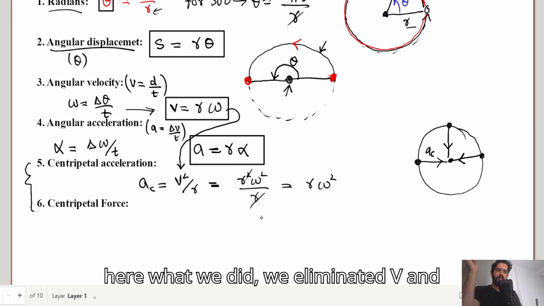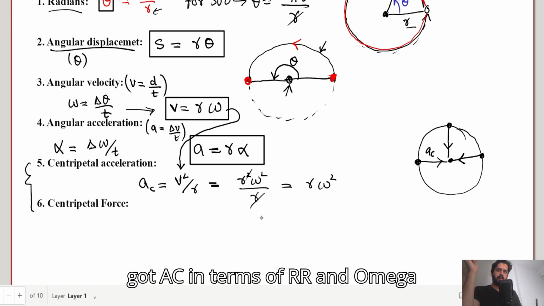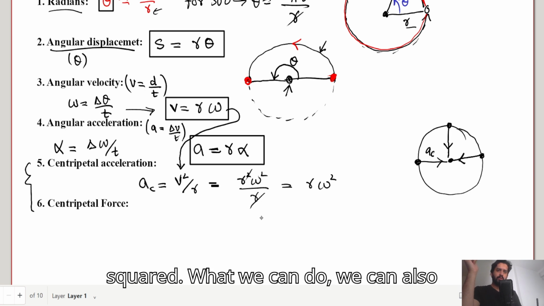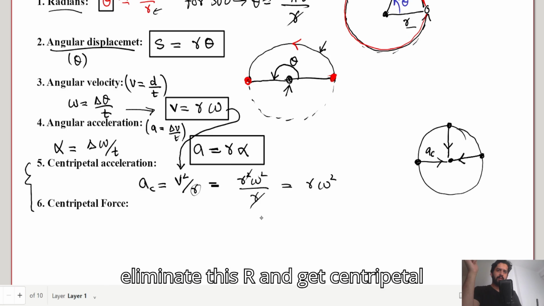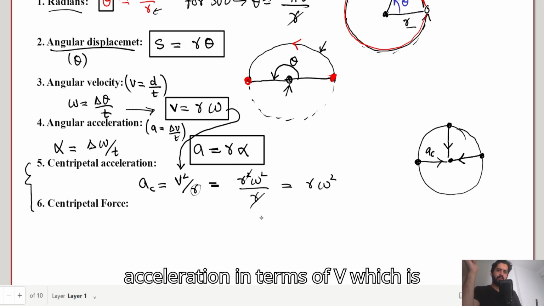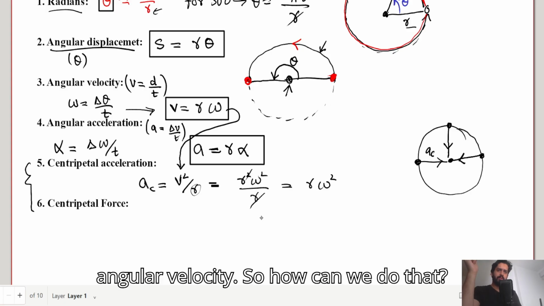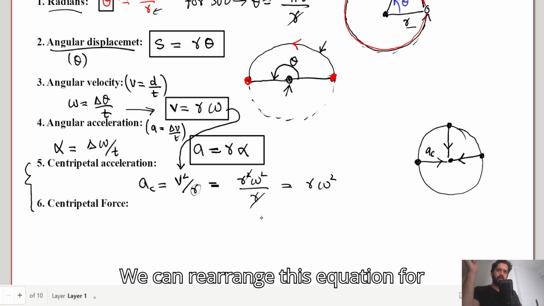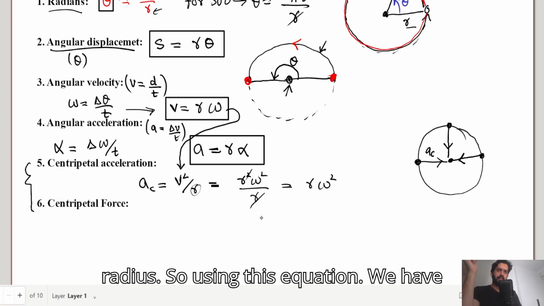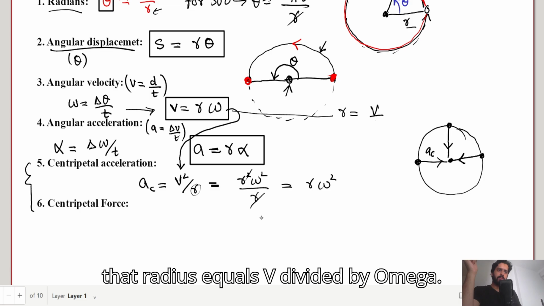So here what we did, we eliminated v and got AC in terms of r and omega square. We can also eliminate r and get centripetal acceleration in terms of v, which is linear velocity, and omega, which is angular velocity. So how can we do that? We can rearrange this equation for radius. Using this equation, we have that radius equals v divided by omega.